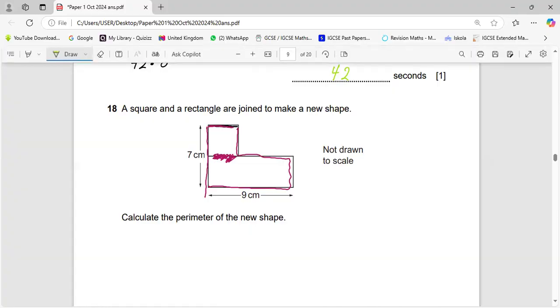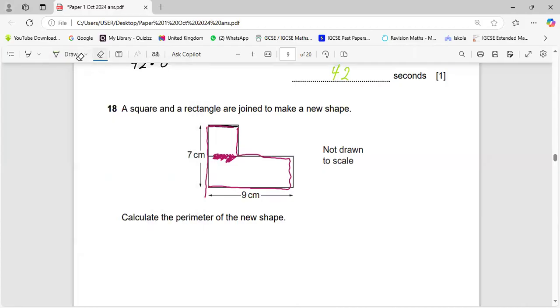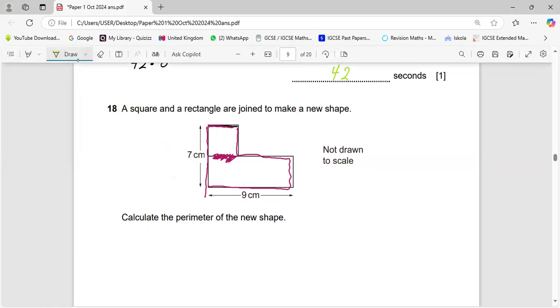We can add them, but we have a lot of missing sides. How to get them? If you want to find them, we add 7 plus 9, and again we add 7 plus 9, because this part here is the same as this part, up.